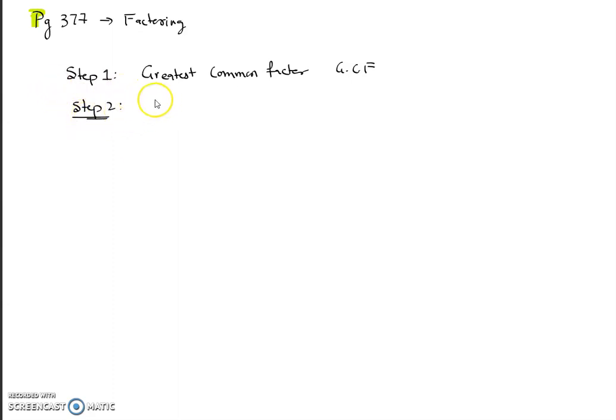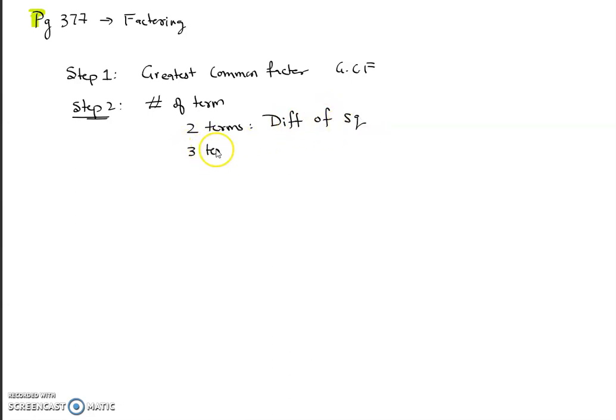Step 2 is going to be to look at the number of terms, because the number of terms gives us a hint as to what kind of factoring technique we can use. If you see only 2 terms, then we use the method called difference of squares.